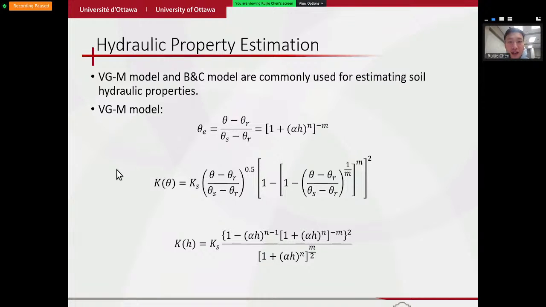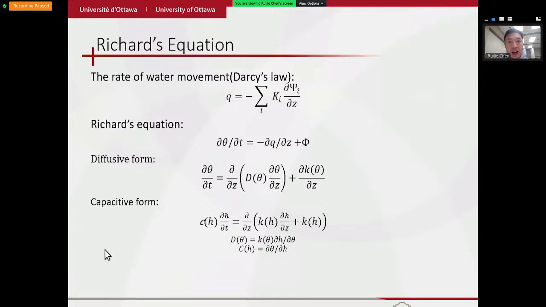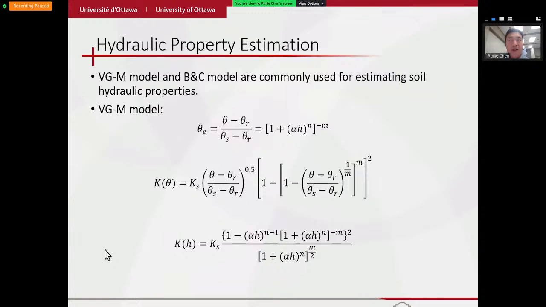Now we have the equations, and we need to know the parameters in the equations, the water content theta and the hydraulic conductivity K. If we want to measure those properties, sometimes we measure them in laboratory experiments, but it's always expensive and time consuming.